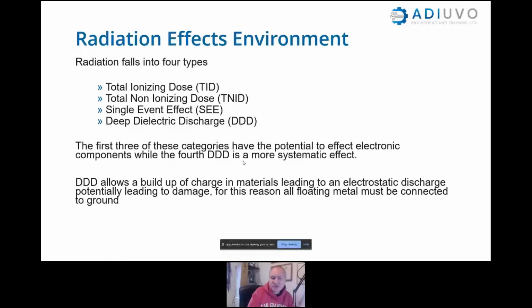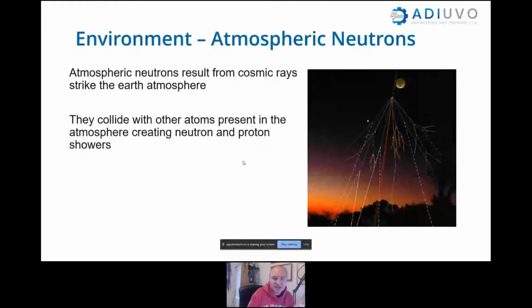We can also see radiation in the atmosphere. Now, what I'm going to tell you is that it's not the excuse for why your board on the desk did that really funny thing once and you can't explain it. But we do see atmospheric neutrons terrestrially as well, particularly as we go higher up in altitude and at certain latitudes.